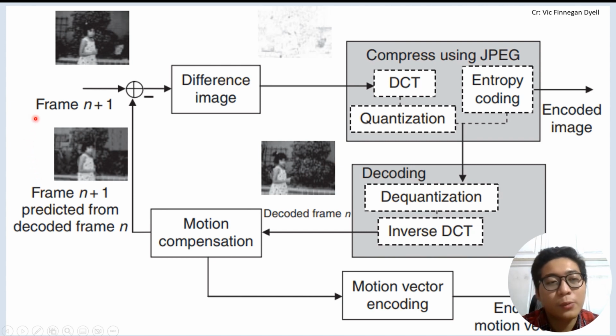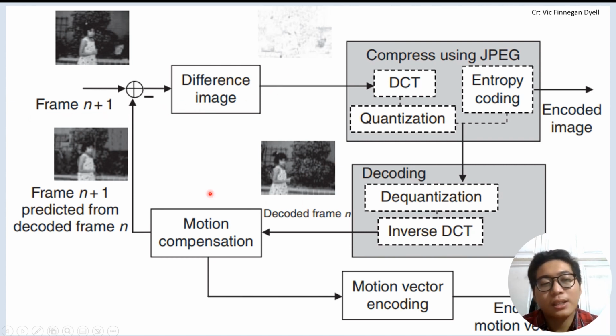And then we compare that predicted image with the original frame, or we subtract the predicted frame from the original frame to produce what we call a residual frame. That residual frame then will be compressed and then quantized and then transmitted into the encoded image.